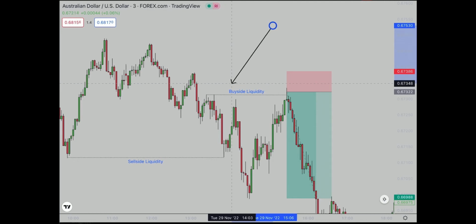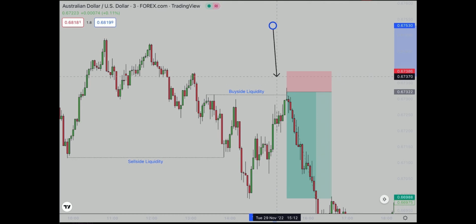At some point in time the price is going to be attracted to those levels, and right when it takes out that level is where your entry would be.